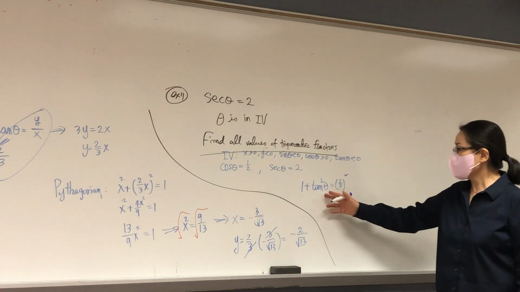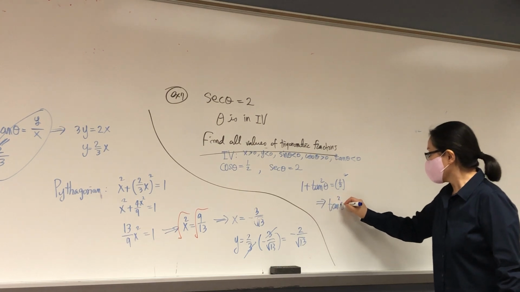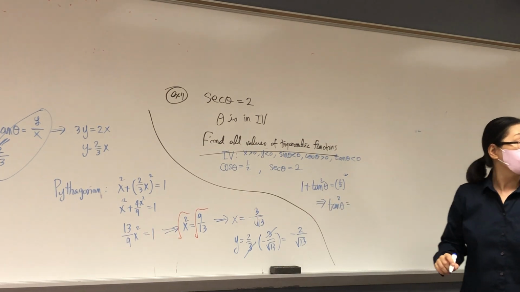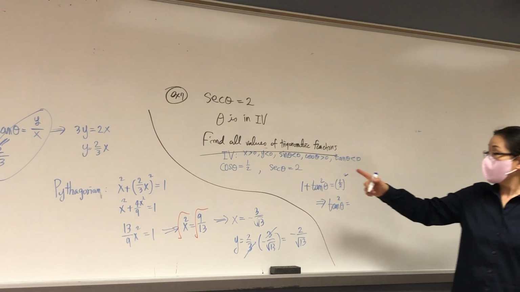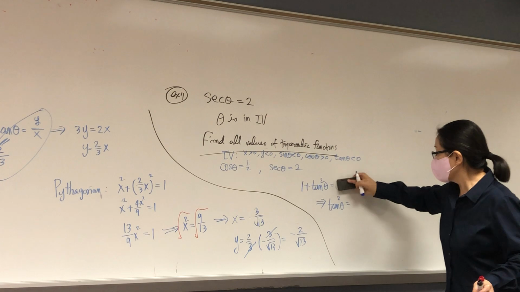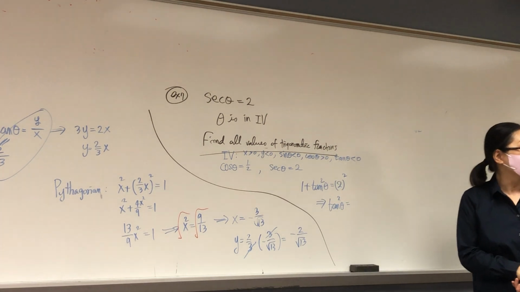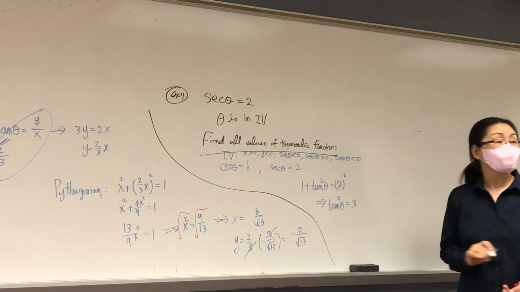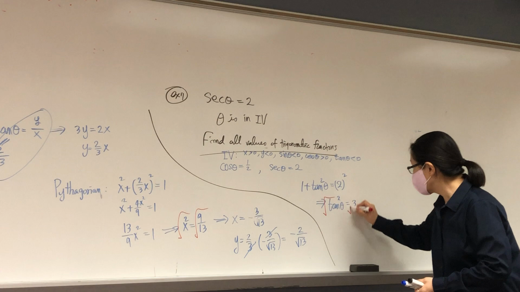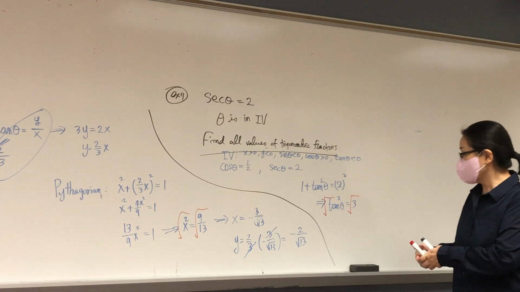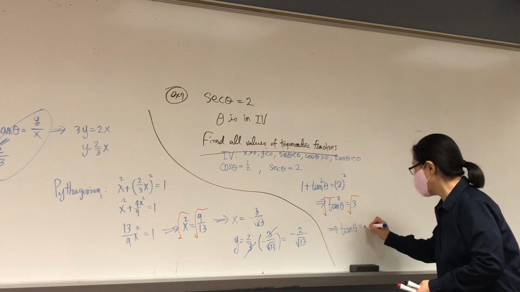So solve for tangent squared. Excuse me. Oh, sorry, my mistake. Am I right? So what? It is 3, yes? So, square root both sides, and in this case, your tangent should be positive or negative? Negative square root 3.